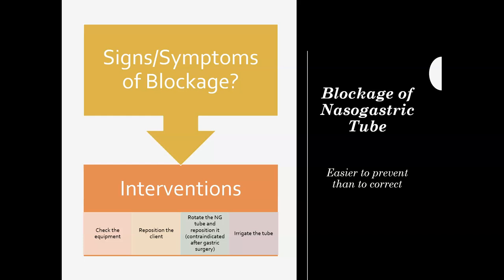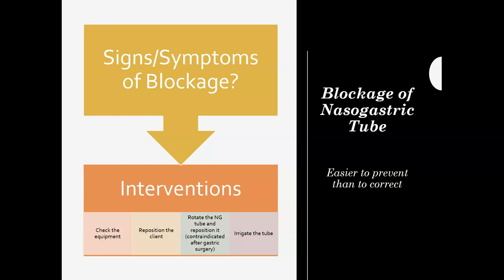You can try to reposition the client. Sometimes it kind of just gets up against that gastric wall, especially if it's not like a Salem sump tube, and that might fix it. You can also try to rotate the NG tube and reposition it if needed.